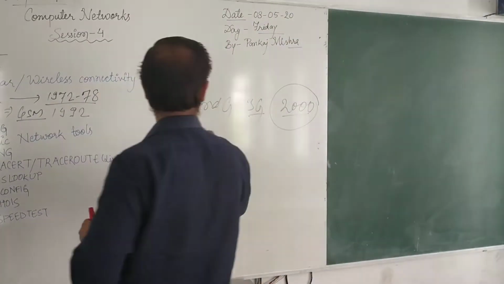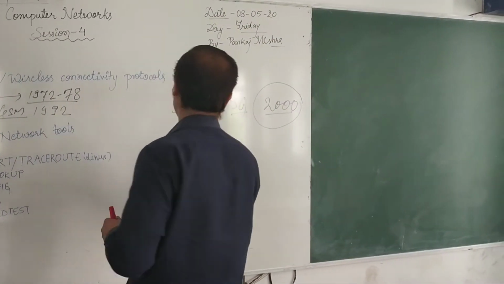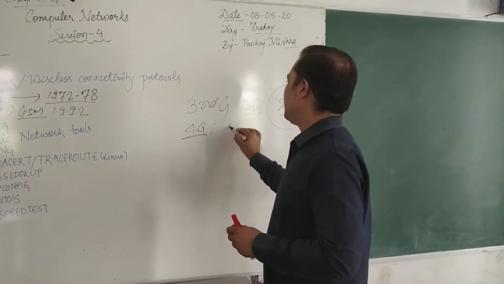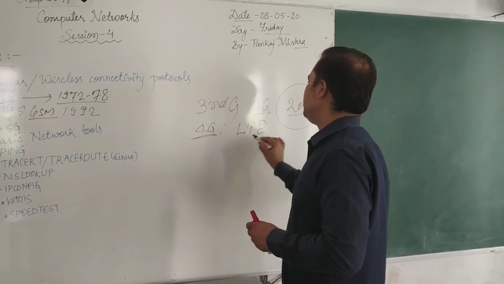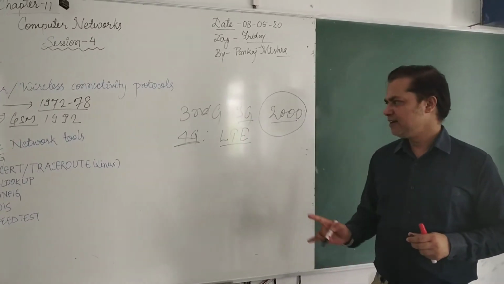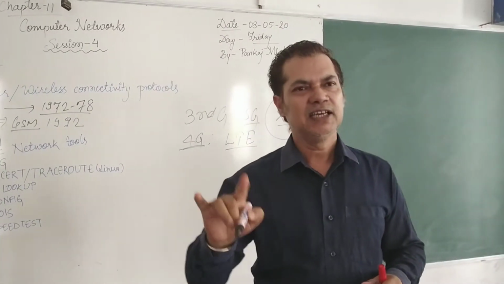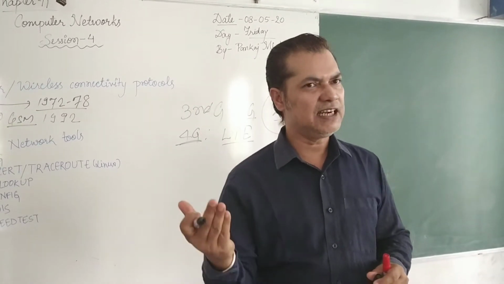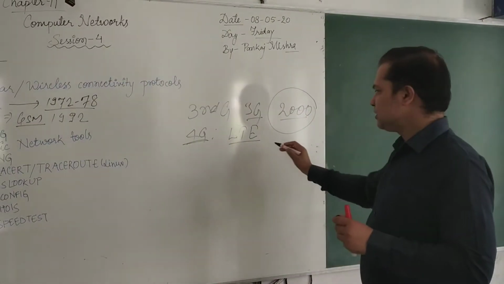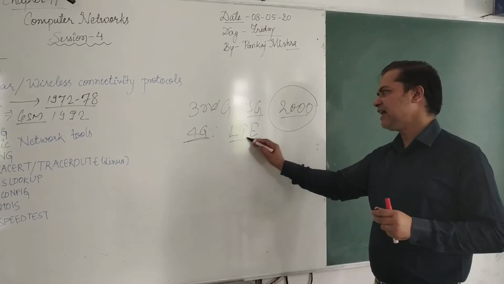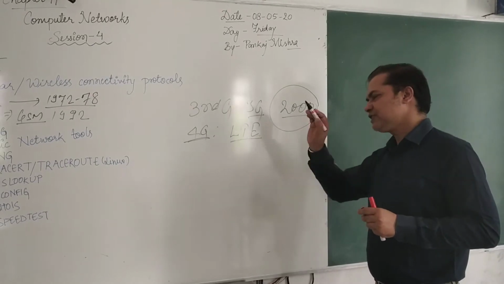Now come to the fourth generation, or simply 4G. 4G mobile is generally known as LTE. You must have seen next to your network signal on your mobile's front screen after opening it, LTE written. It's Long-Term Evolution.